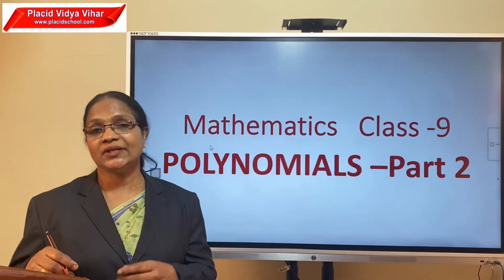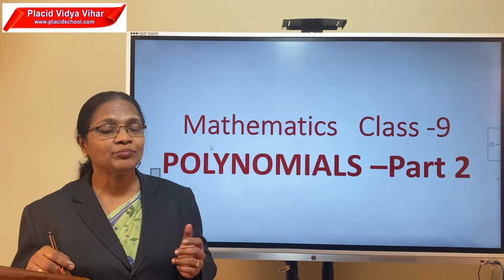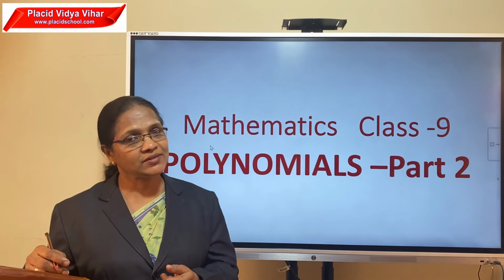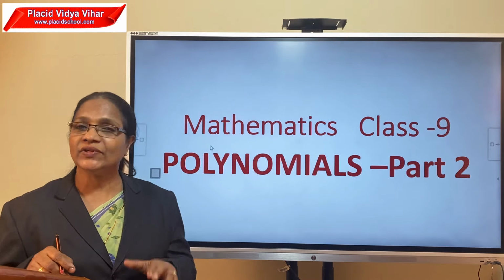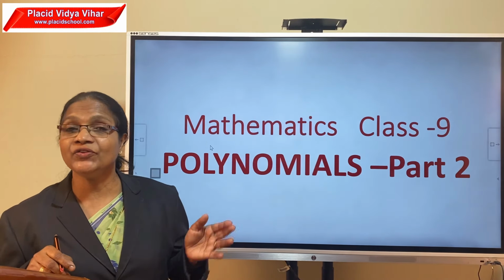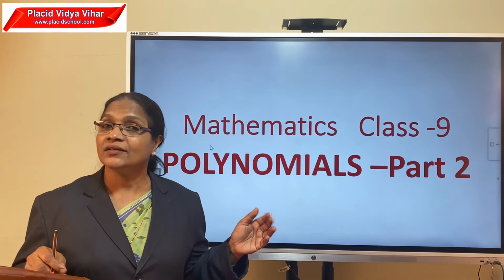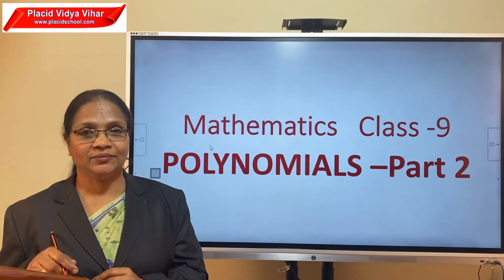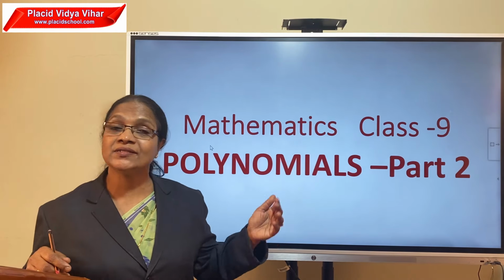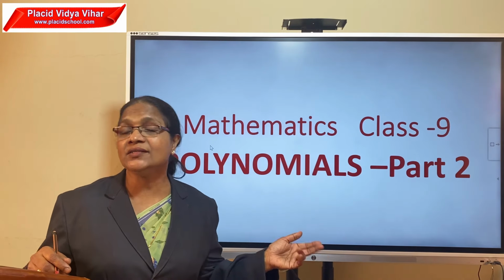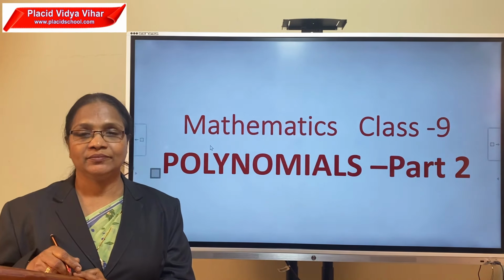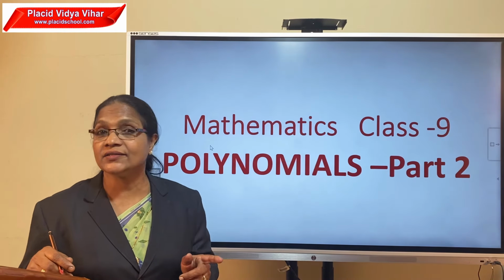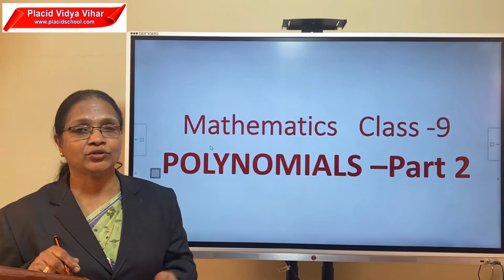A real number a is called the zero of a polynomial p(x) if p(a) equals 0. In the previous session, we studied that the value of a polynomial p(x) at x equals a is p(a). If p(a) equals 0, we can say that a is the zero of that polynomial.